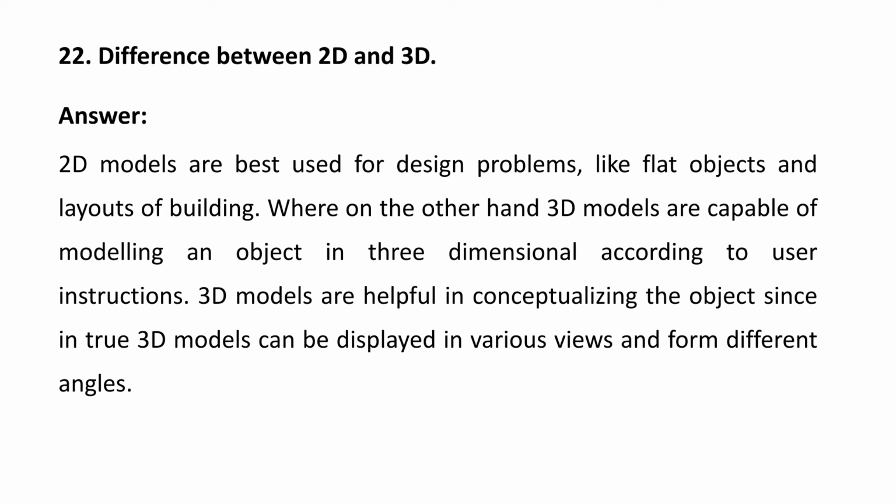On the other hand, 3D models are capable of modeling an object in three dimensions according to the user instruction. 3D models are helpful in conceptualizing the object, since a true 3D model can be displayed in various views and from different angles. Okay, so this is the difference between 2D and 3D. So for modeling a mechanical component, generally a 3D system is used.